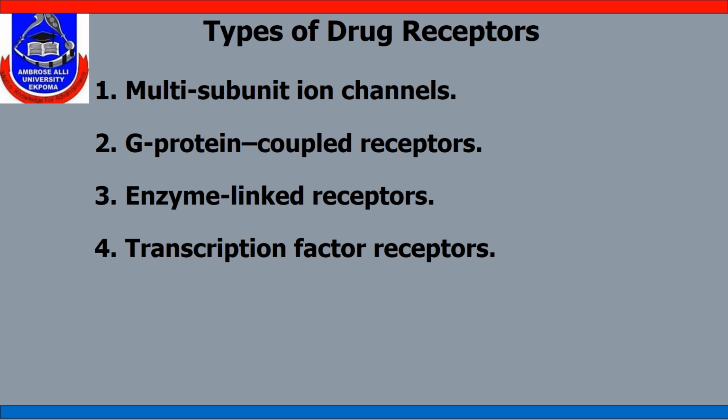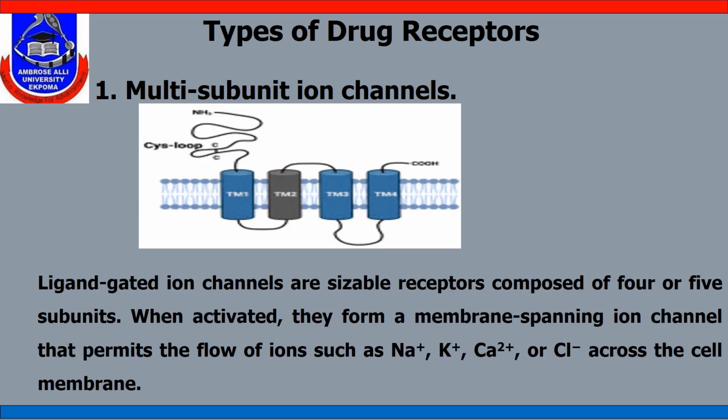Few of them are multi-subunit ion receptors or channels, the G protein coupled receptors, enzyme-linked receptors, and transcription factor receptors. We will look at each of these in turn. Starting with multi-subunit ion receptors.